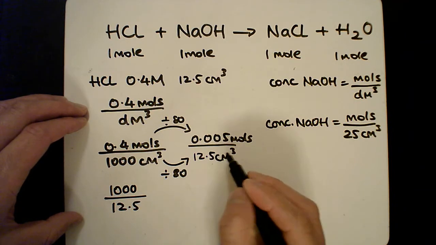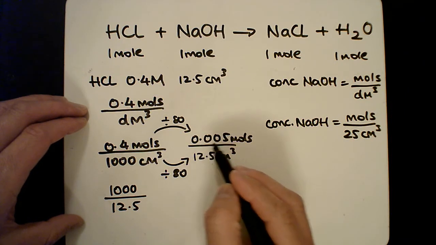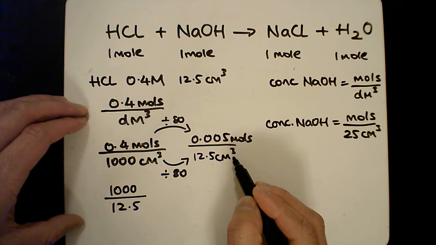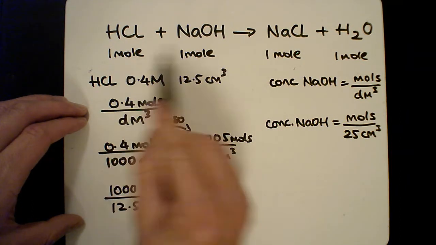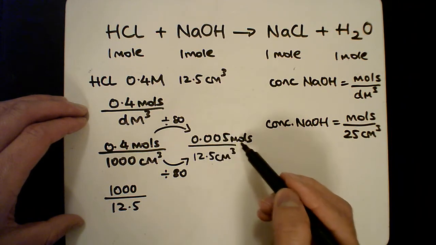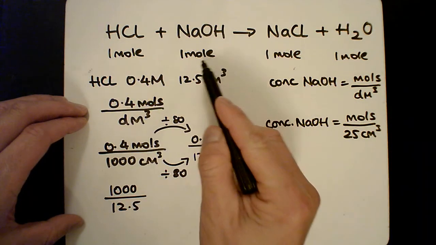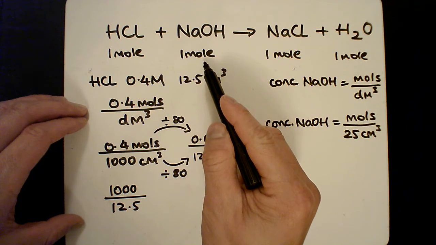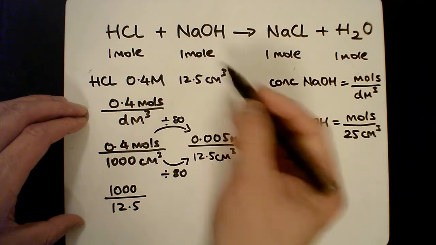Now, because we know that we have 0.005 moles in 12.5 centimeters cubed of the acid, we have 0.005 moles of HCl. We also have 0.005 moles of sodium hydroxide, because that's how much they need to neutralize each other, 1 mole of each, or the ratio.